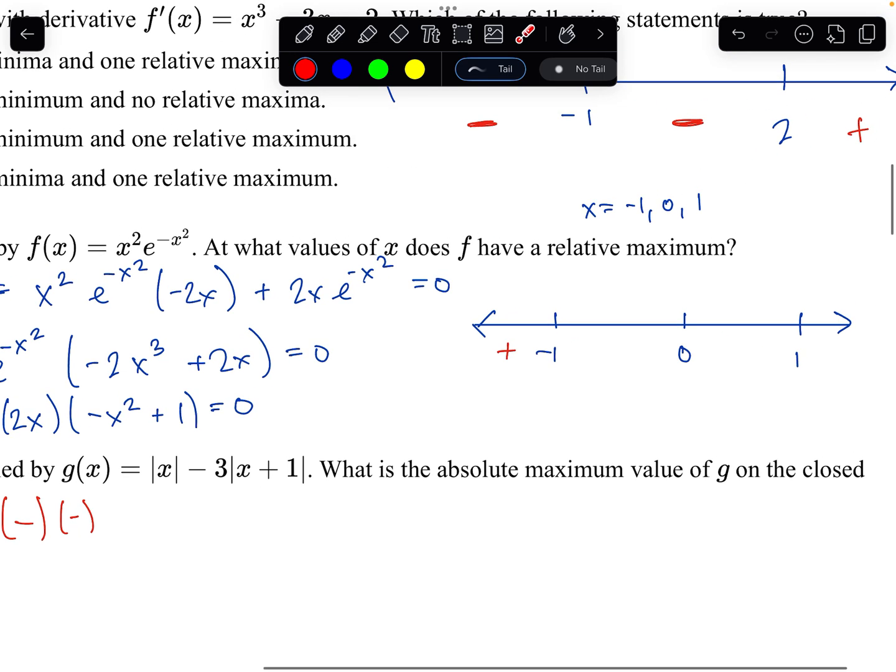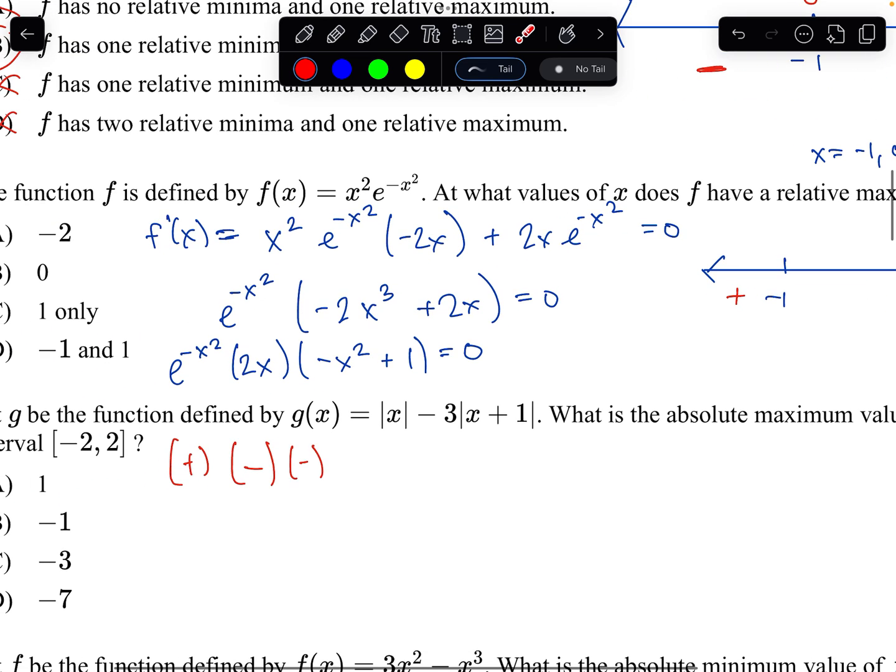Okay, now let's check, let's say -1/2 or something. If I plug in -1/2, that's always positive. If I plug in -1/2, that's going to become negative. And if I plug in -1/2 here, -1/2 squared will be 1/4. This will become -1/4 plus 1, which will be a positive number.